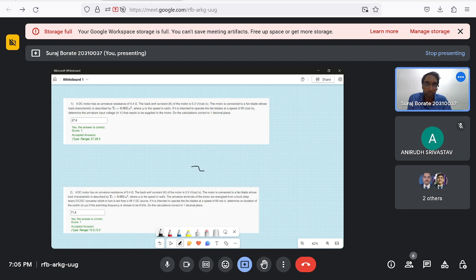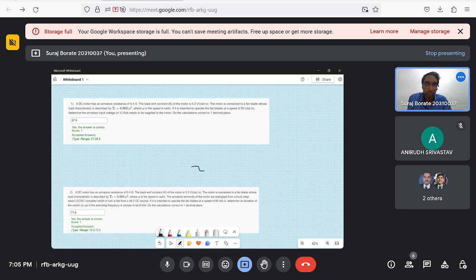If it is intended to operate the fan blades at omega equal to 60 radian per second, determine the on duration of the switch in microsecond if the switching frequency is chosen to be 8 kilohertz. Okay, so now how do we do this?